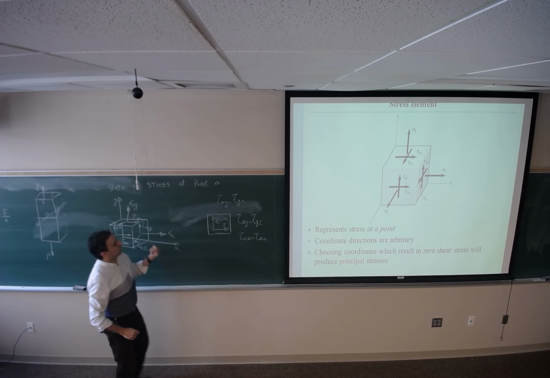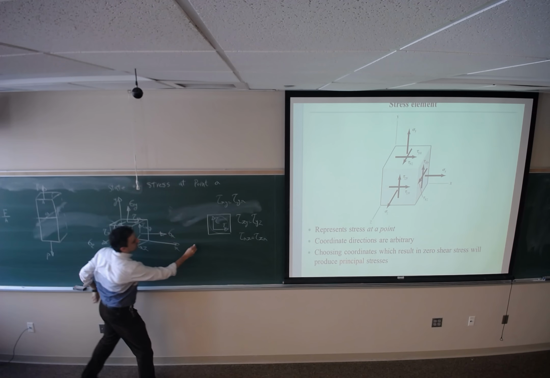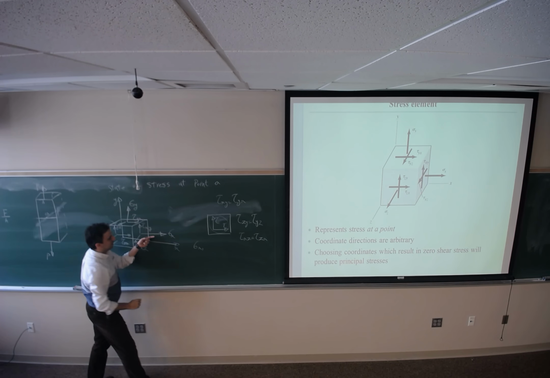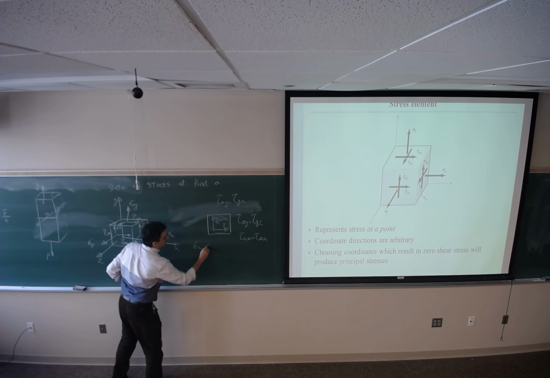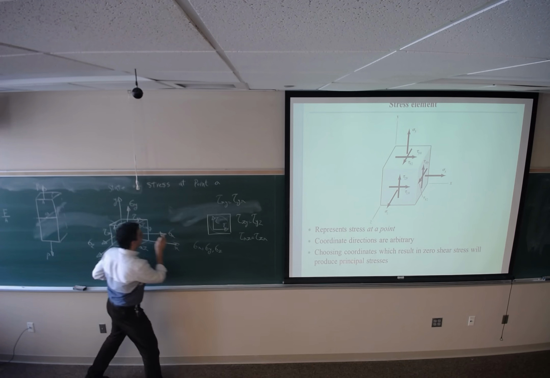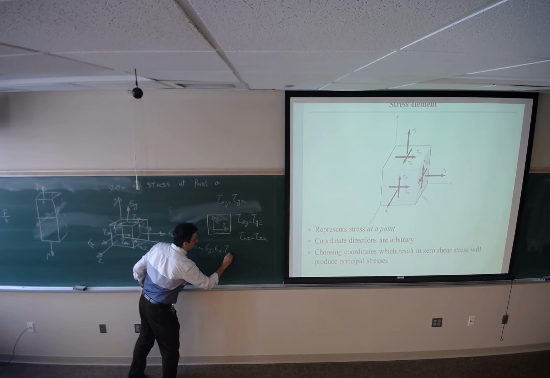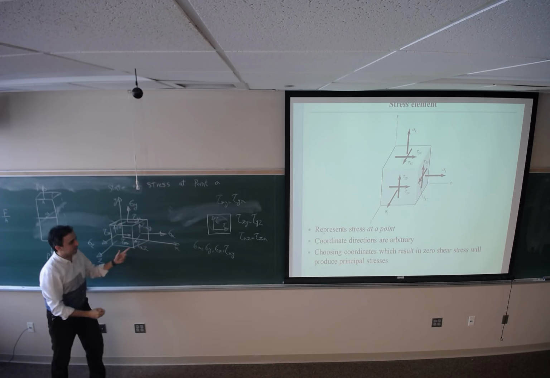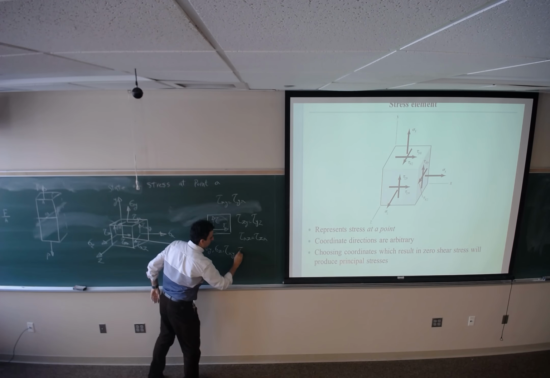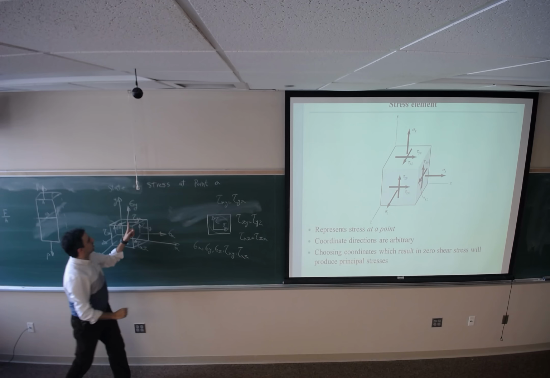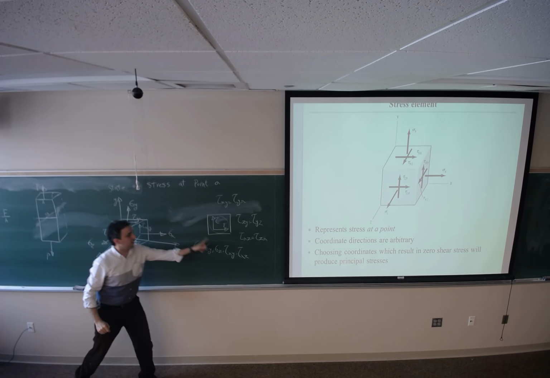So the 9 terms is going to change to, in general, sigma x, sigma y, sigma z, 3 normal stresses, tau xy, tau xz, tau yx is going to be equal to tau xy, so it's not a new term.